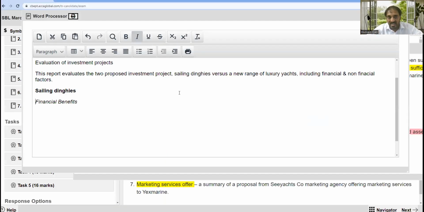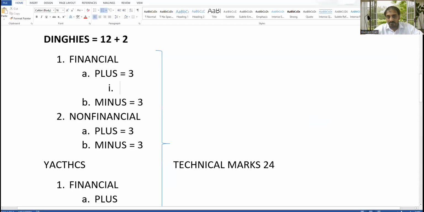If I'm starting for financial benefit, I have to write the answer for 3 marks. For financial drawbacks, I have to write for a further 3 marks. So that is the first thing that should be borne in mind.